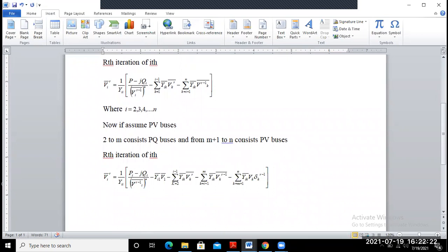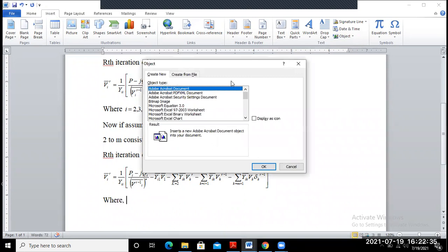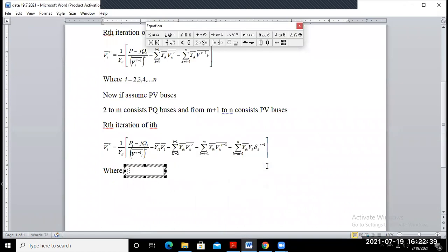Okay, where i equal to 2, 3, 4, up to n.